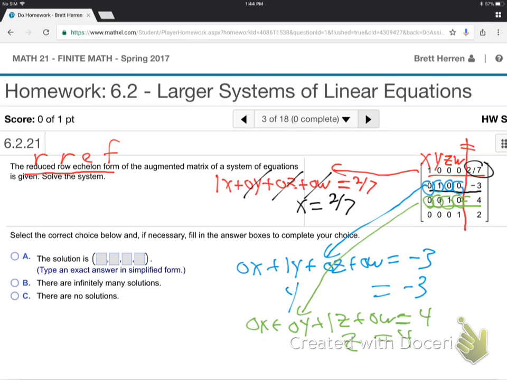Because the other stuff zeroes away. The other stuff just gets 0. So it's just 1 times z. It's just z equals 4. And the bottom row is saying w equals 2, isn't it? Because it's just 1 in the w spot. So the answer then is just 2/7, negative 3, 4, 2.